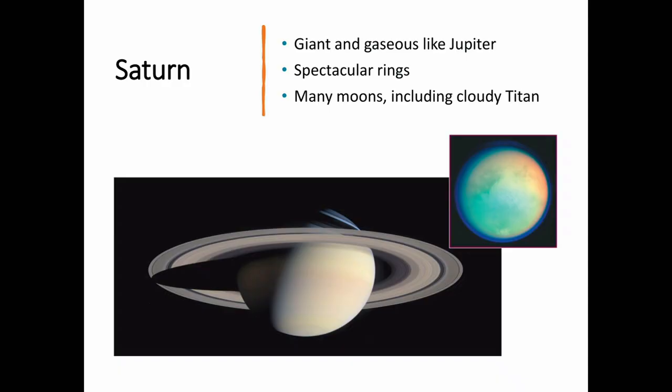So that's another place where we would like to look for life, because while it doesn't have liquid water on the surface, we think it might have liquid methane, and having a thick atmosphere is important for protecting life from harmful cosmic rays and radiation from space.